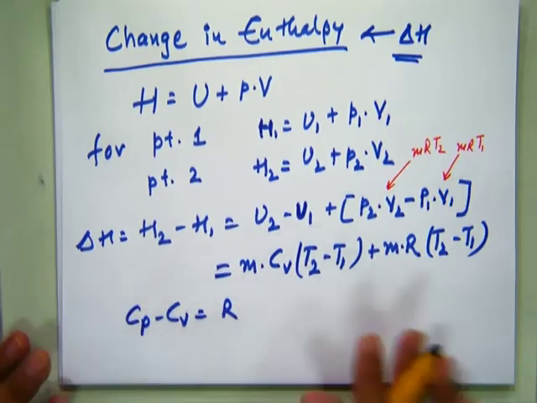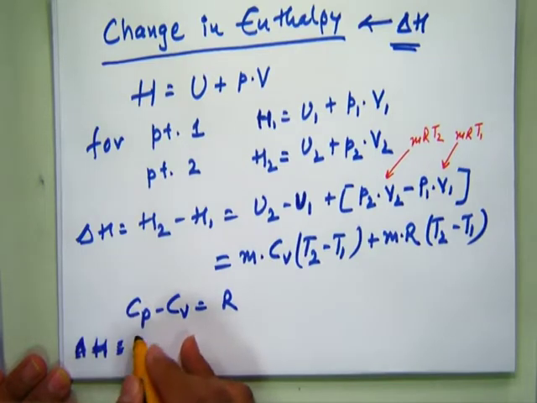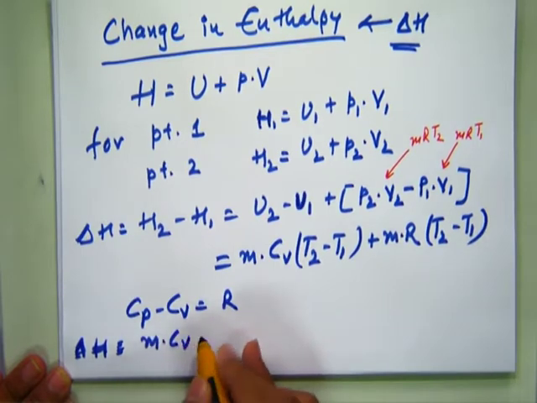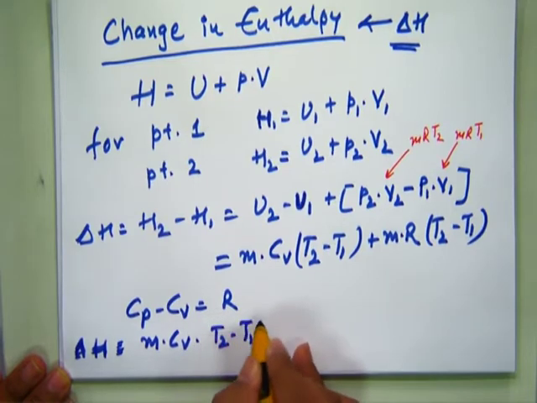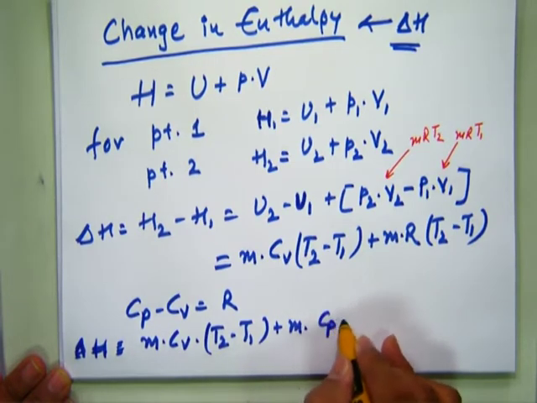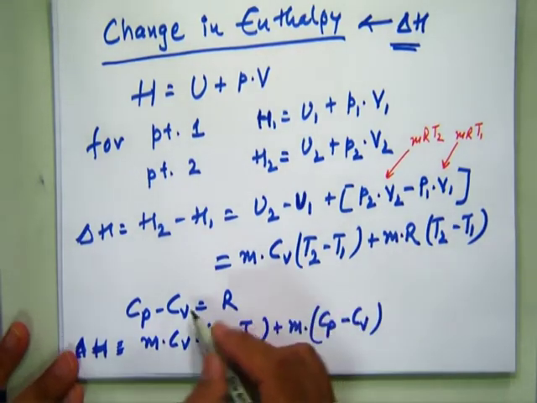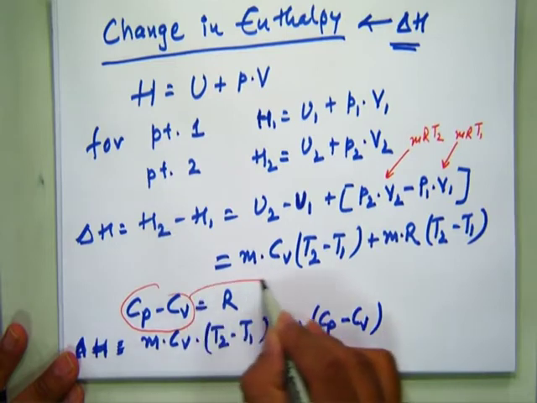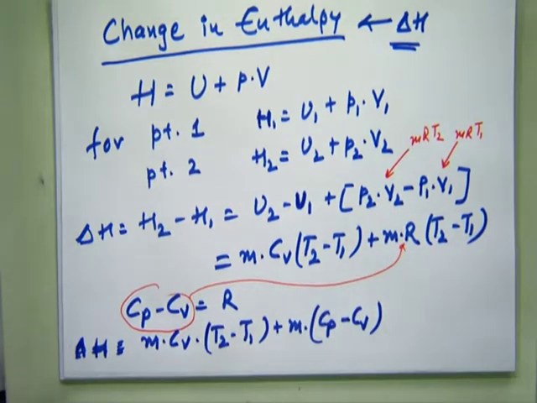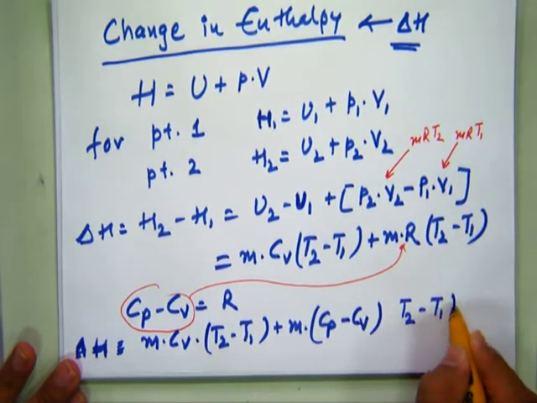So you can write delta H, the change in enthalpy, as m into Cv (T2 minus T1) plus m (Cp minus Cv)(T2 minus T1).